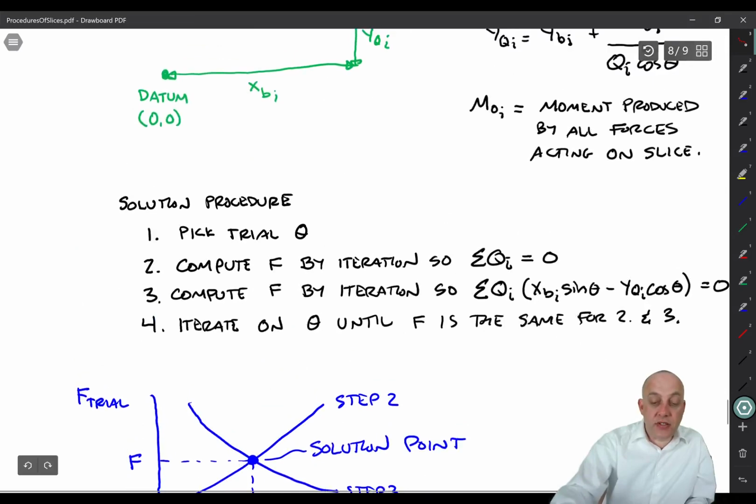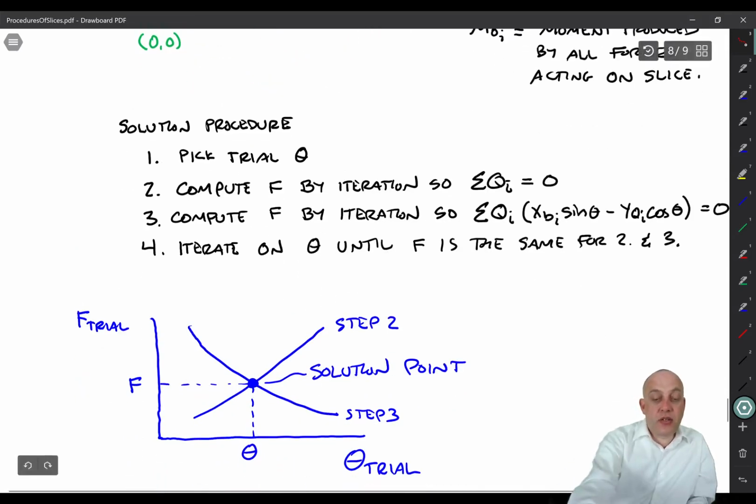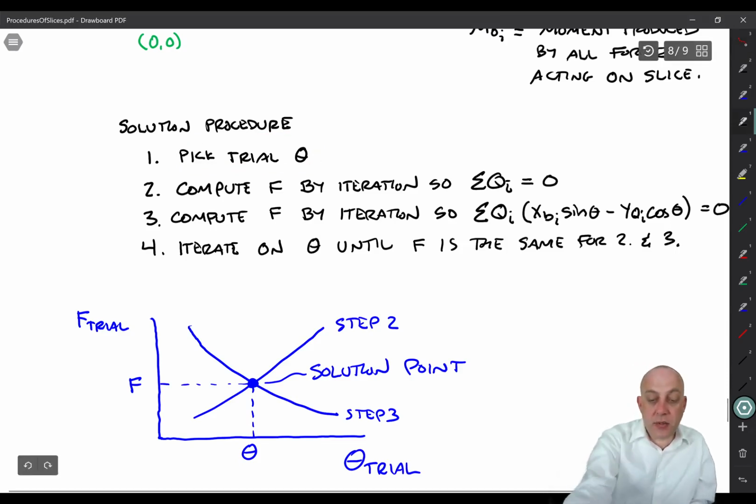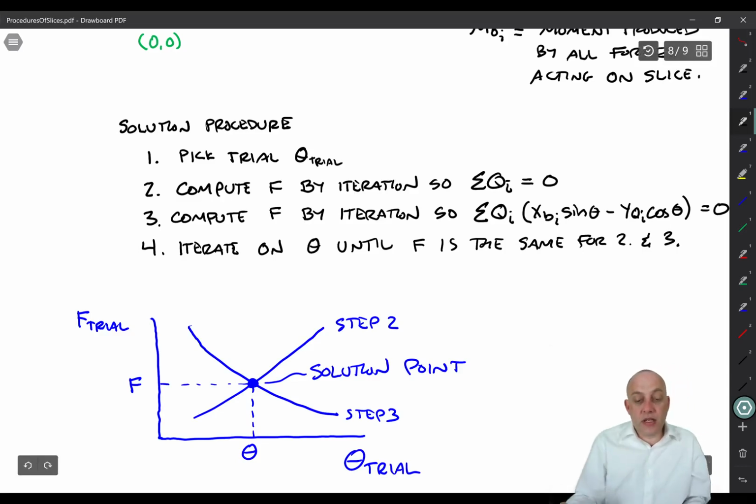All right, so here's the solution procedure. Pick a trial value of theta. We can call it theta trial, maybe. In fact, let me write that subscript in because I do use it down there at the bottom. And then compute F trial. Let's put a trial in here too.